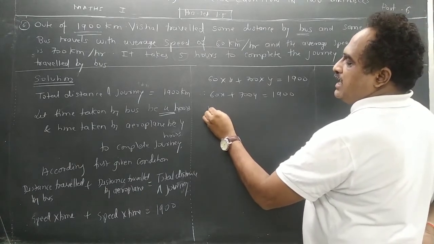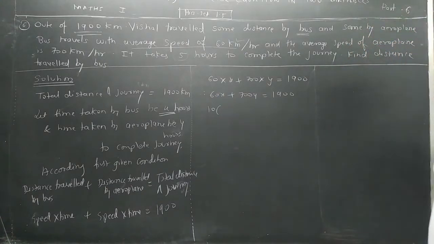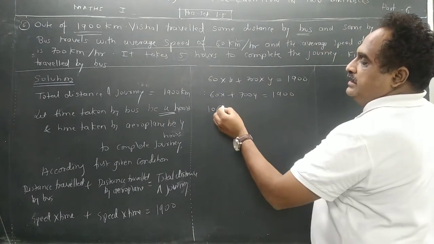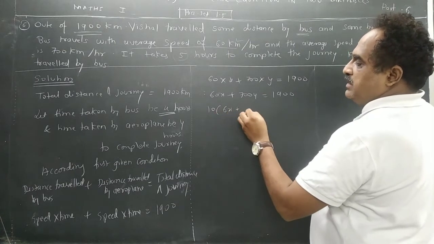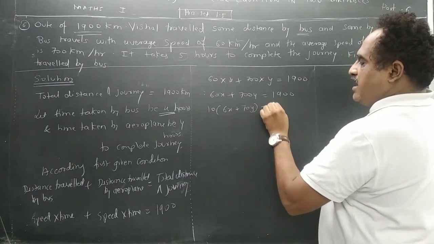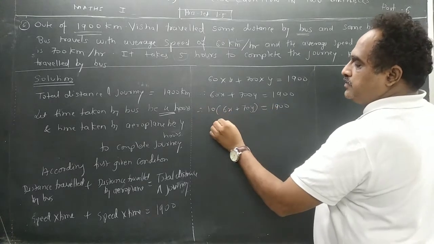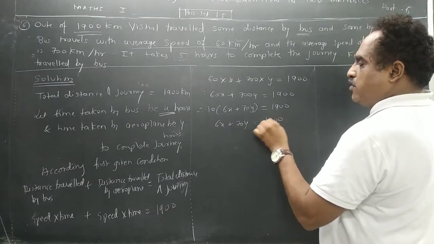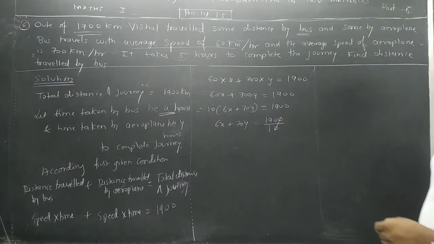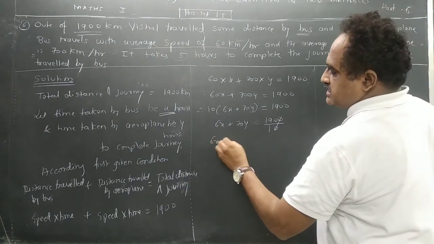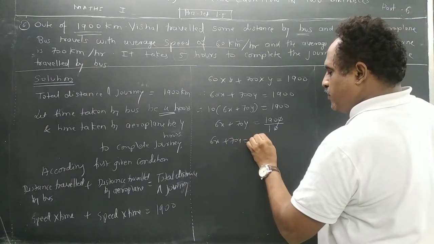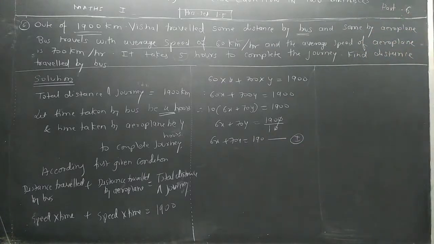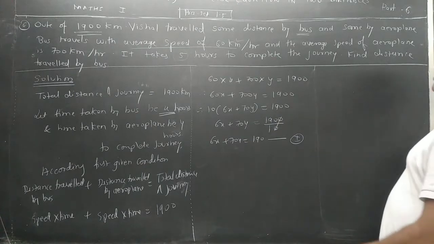I can take 10 common, then this will become 6x plus 70y is equal to 1900 by 10. So we got 6x plus 70y is equal to 190 as equation 1. Have you understood this? So we have covered up to here.